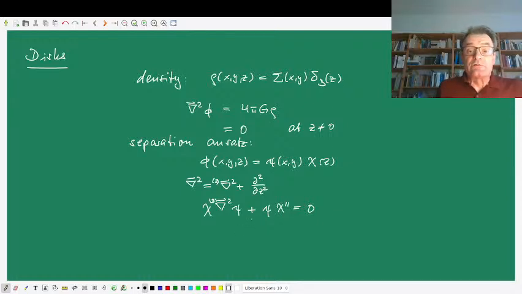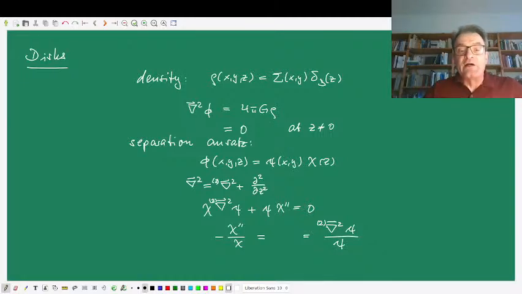And now, of course, you play the same trick as always with the separation ansatz. You regroup this equation to say that minus chi double prime divided by chi equals something equals the two-dimensional Laplacian applied to psi divided by psi.